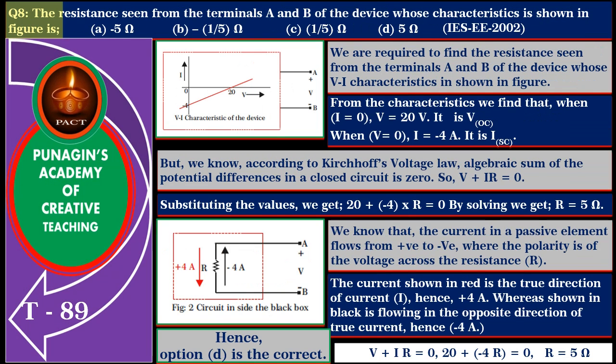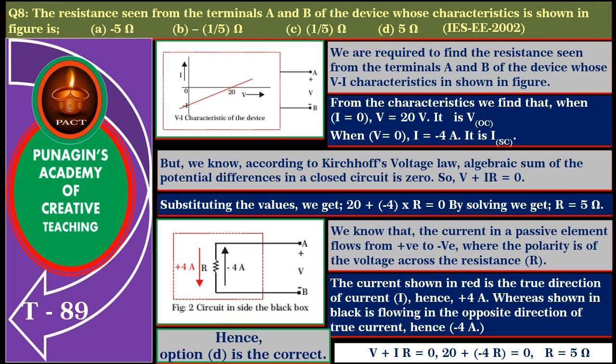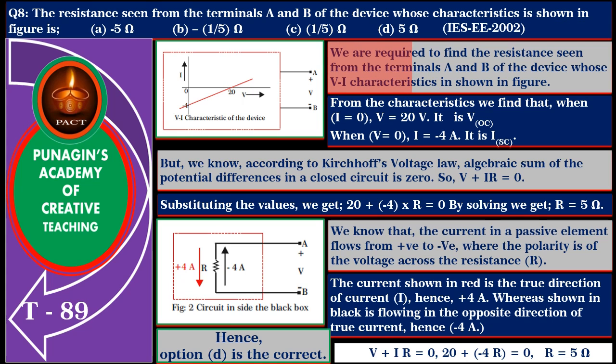Friends, this problem is very easy but tricky. We are required to find the resistance seen from the terminals A and B of the device whose VI characteristics is shown in figure. The problem can be solved in different ways.